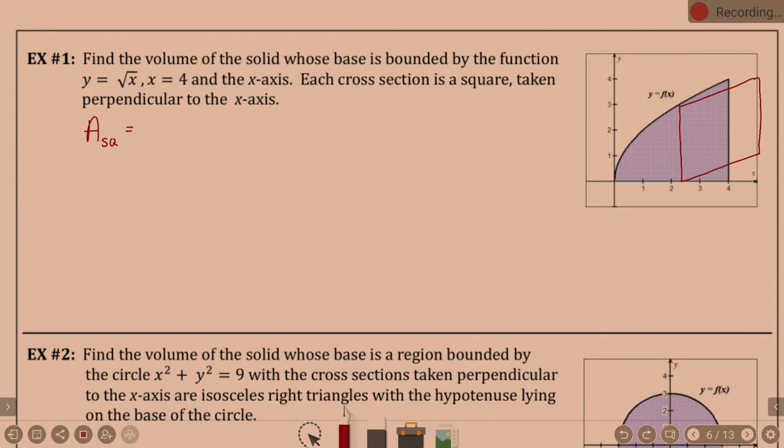Now, what did we talk about on the other page? Area of a square is what? It's b squared. Well, I need to do this in terms of x. So what is the base? When I say how long is the base, it's in terms of x. My base starts here at the x-axis, which is y equals 0, and it goes up to this curve.